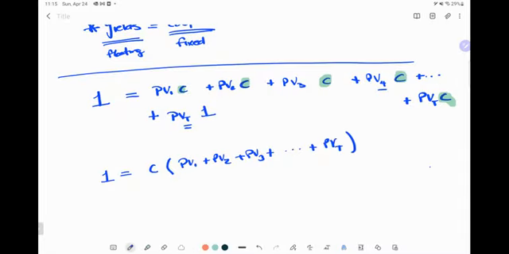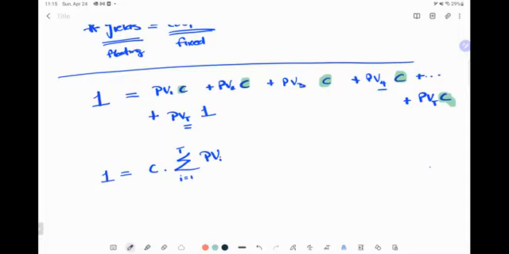And once we have this, we can simplify and simply say this is coupon multiplied by the summation, meaning i going to T, of PV, right? And then that's it.